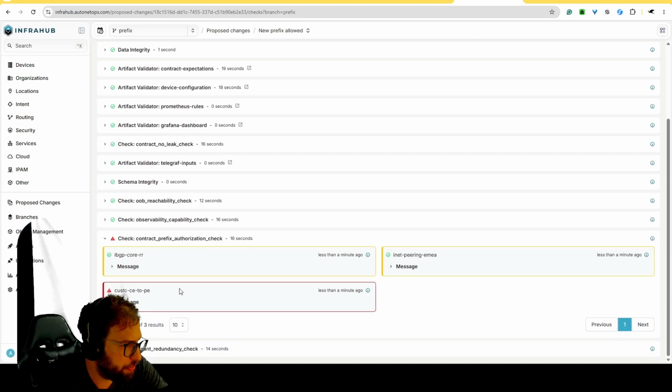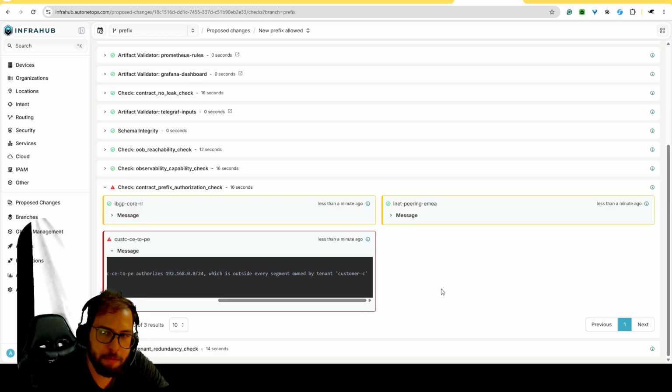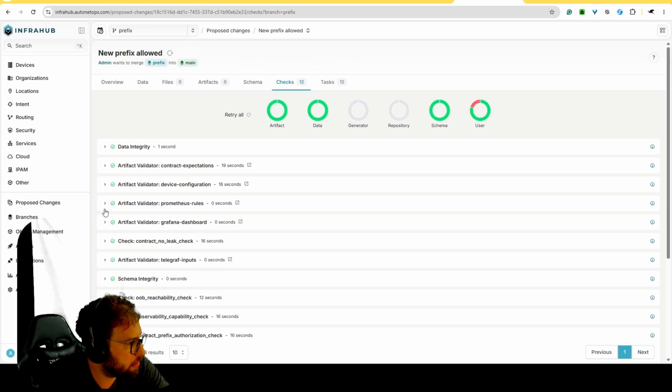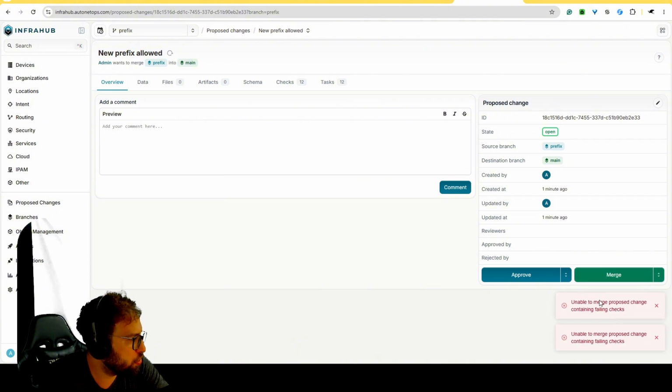You see that we have a check on the customer C2PE where one invariant was violated: the prefix authorization contract, customer C authorizes this, which is outside every single segment owned by the tenant customer C. So we have an issue here: this segment does not belong to customer C. So even if we did want to merge, you see that it should propose change because it has some failing checks.